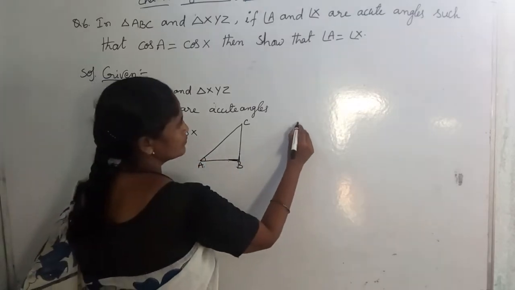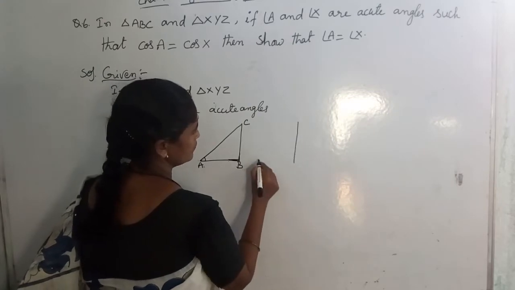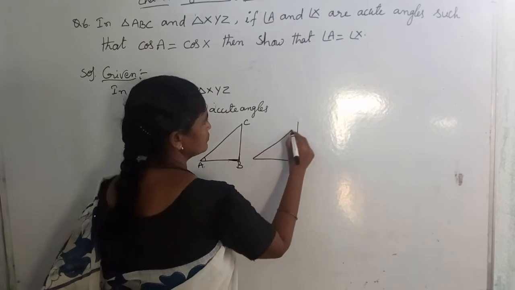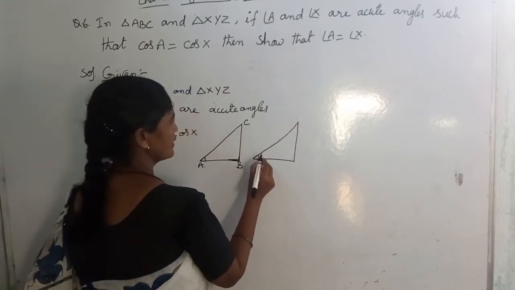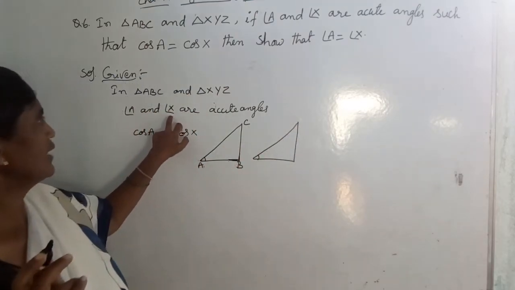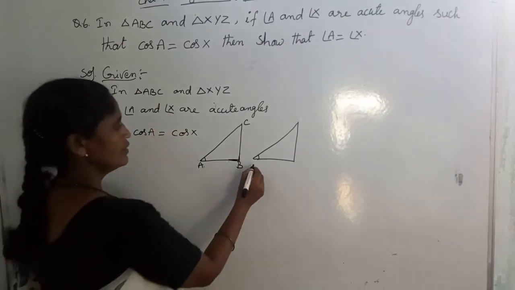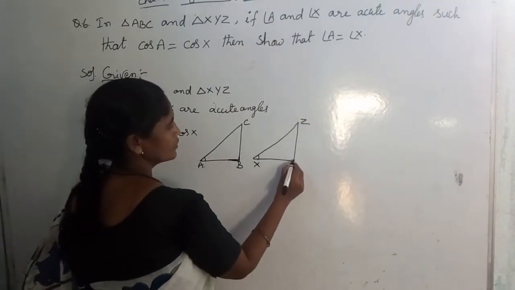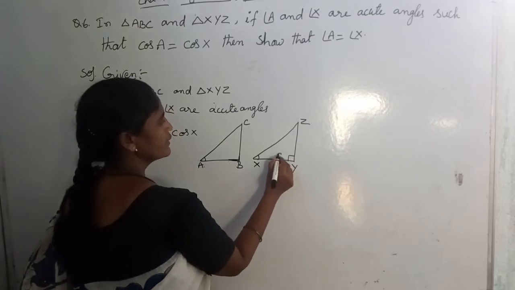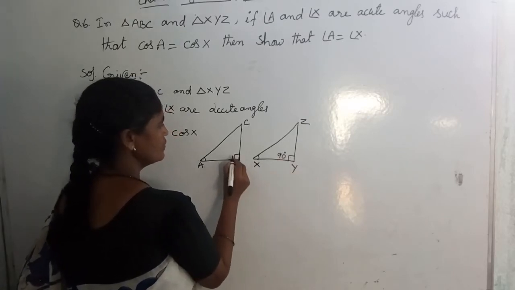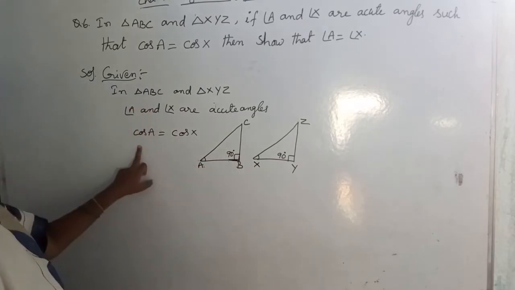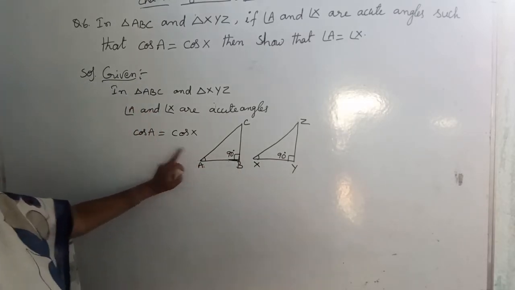And one more right angle triangle XYZ, X is the acute angle, that's why X, Y, Z. Here 90 degrees, here also 90 degrees, right angle.